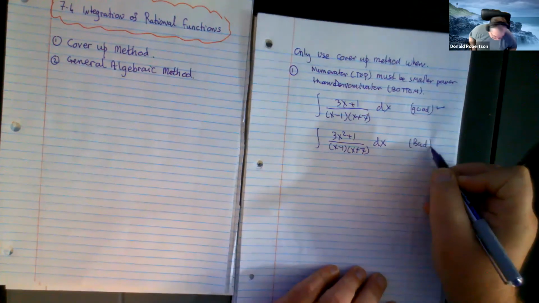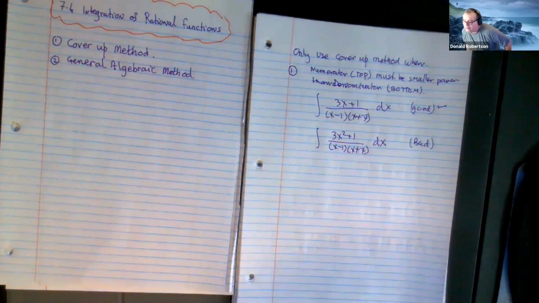Do not use the cover-up method. If you did, you'll get an answer. It'll just be wrong, right? Like using L'Hopital when it isn't an indeterminate form. Are you comfortable with that restriction? The top has got to be a smaller power than the bottom.